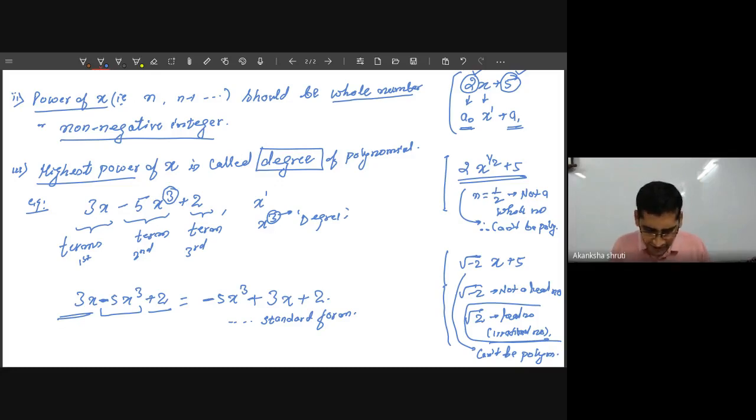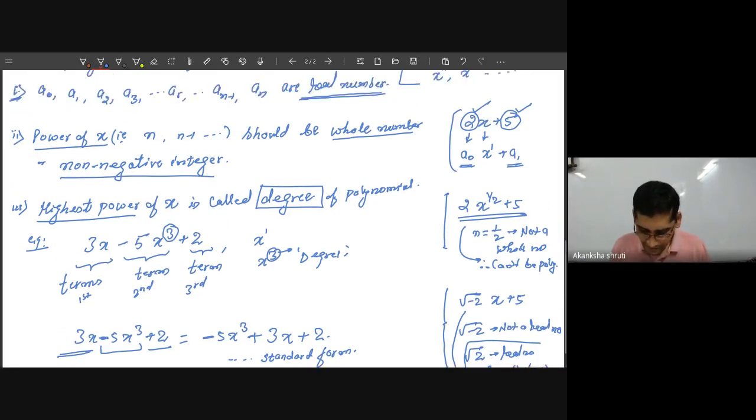Student, so we have understood a few things. The mathematical expression will be a polynomial only if their coefficients, that I will write. What is this coefficient? It is basically the number which is a multiple of a variable.